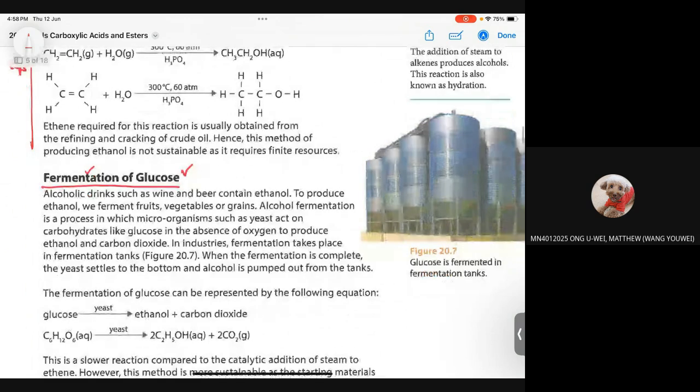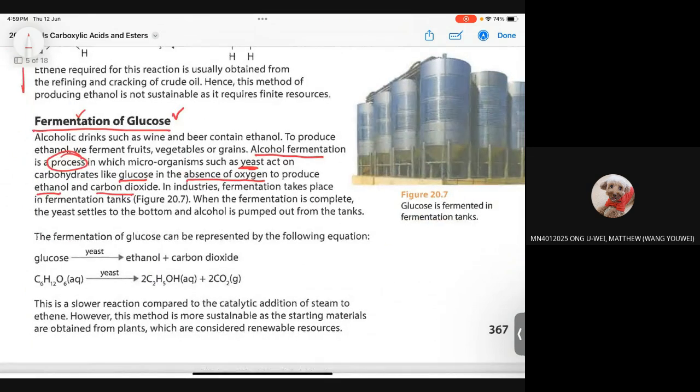Alcohol fermentation is the process in which yeast, which your syllabus covers here, acts on the glucose where there's no oxygen. Must make sure there's no oxygen. They will produce ethanol and carbon dioxide. Normally your beer production and stuff like that make use of this process to get alcohol. Nothing too exciting about this. Actually, you can make it quite easily at home.